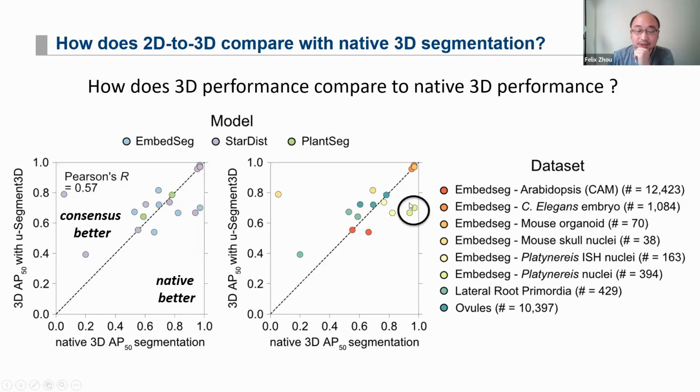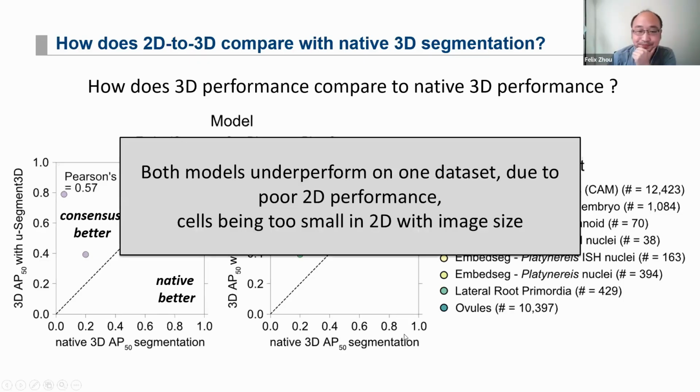So there's actually 2 cases here where we couldn't find a model that beats the native 3D. And this is just because at the size that we were using in the cross sections, the cells were just too small. So of course, this approach will fail if the cell that you're segmenting in its cross section is too small to be represented well and is kind of filtered out by the 2D segmentation.